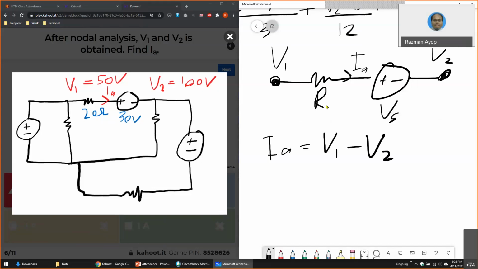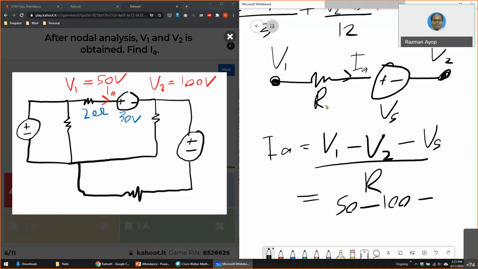From where to where? Then the current enters the positive side of the voltage source, so plus minus Vs, divided by R. So IA is 50 minus 100 minus 30 divided by 20.